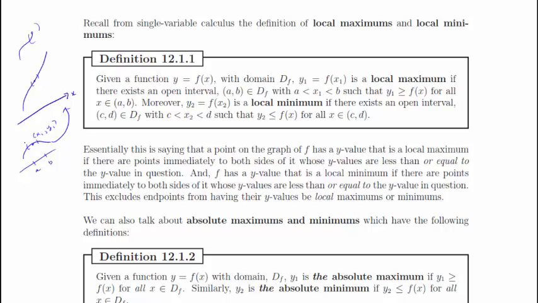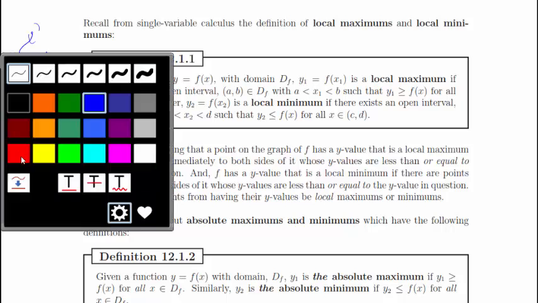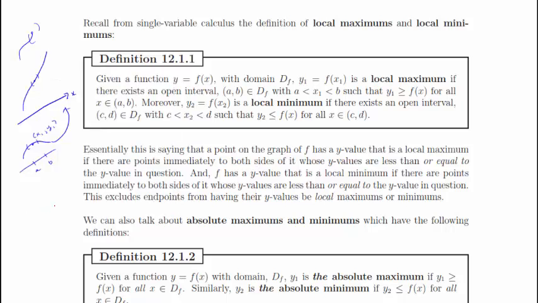Okay. So essentially this is saying that a point on the graph of f has a y value that is a local maximum if there are points immediately to both sides of it whose y values are less than or equal to the y value in question. This is actually important. So we can have this situation where, so say I've got my x-axis here, and I have a function and it flattens out and goes up again.